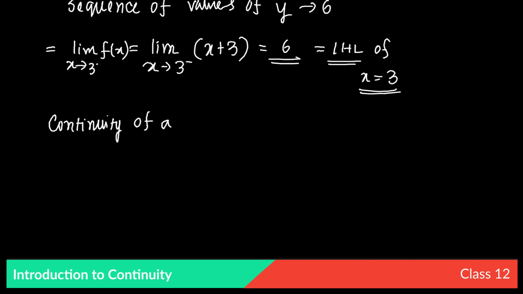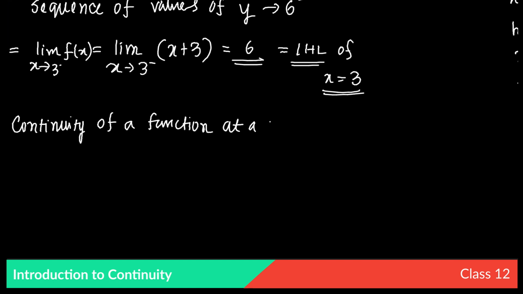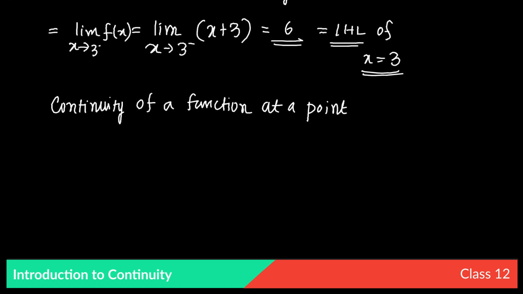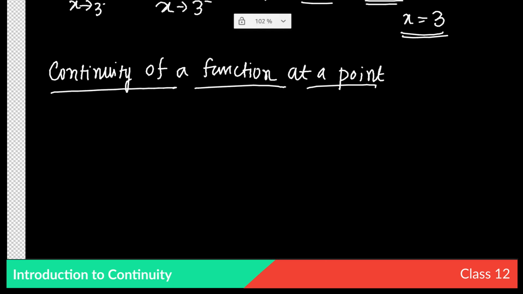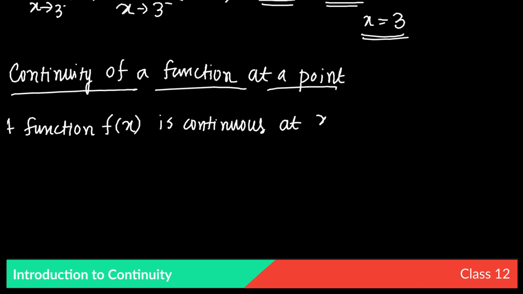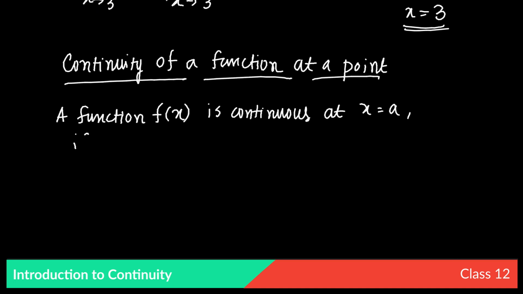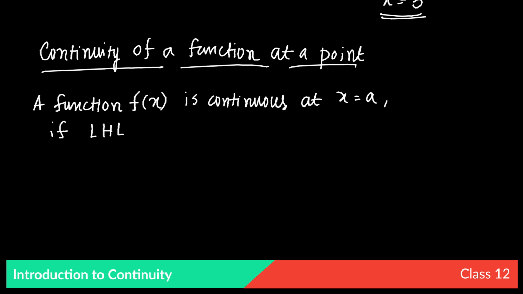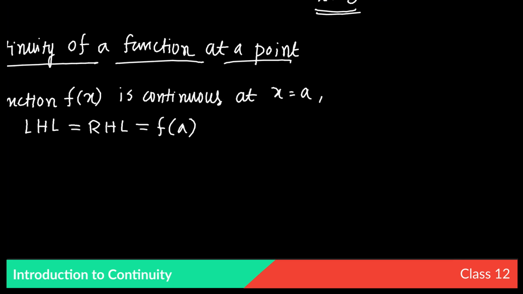Continuity of a function at a point. So it tells that a function f(x) is continuous at x equals a if LHL equal to RHL equal to f(a), a finite quantity.